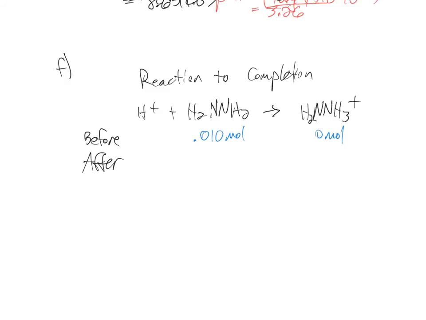The only thing that's going to be different this time is we've got 100 milliliters of the strong acid added. 100 milliliters or 0.1 liters times 0.2 molar gives us an initial number of moles of 0.02.